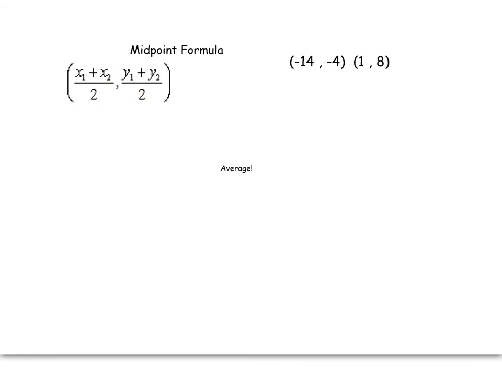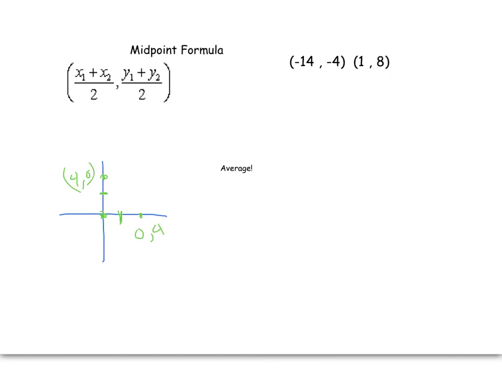Alright, so if you think of this on a coordinate plane also, if I want to know the midpoint between, say, 0, 0 and 0, 4, I would cut the distance in half, right? It would just be there. If I want to know the midpoint between 0, 0 and 4, 0, I would just cut the distance in half.